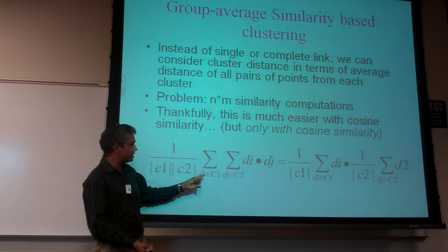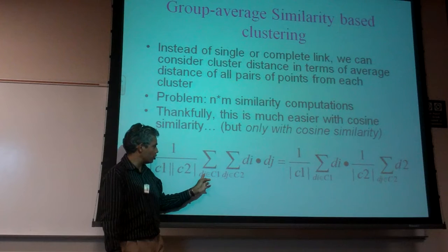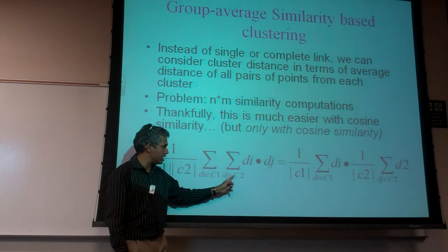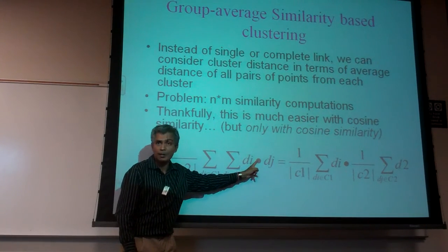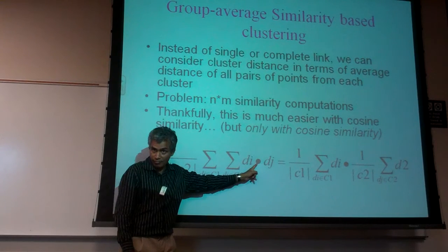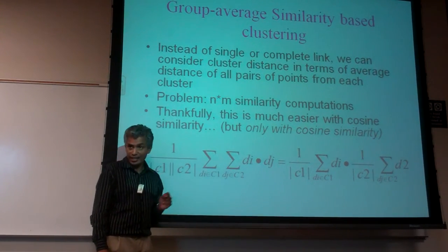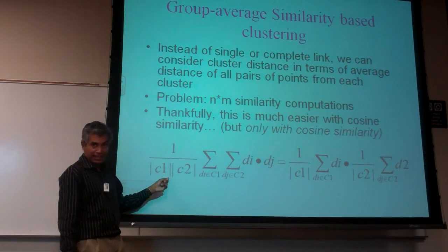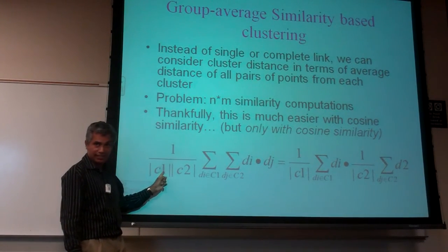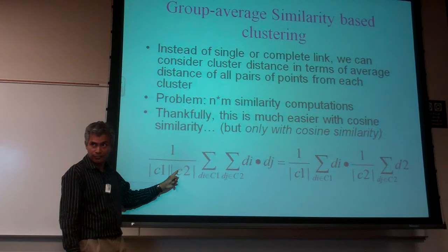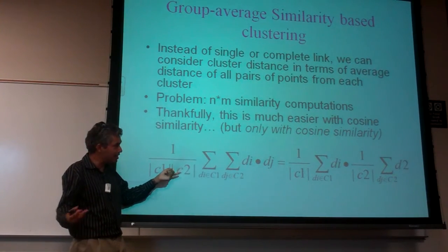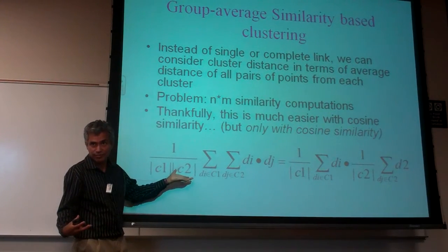So what I need is basically the document i coming from C1, document j coming from C2, I need to compute the dot product of Di Dj, right? And then I need to sum over all the pairs and divide it by the number of pairs, which is C1 size times C2 size. That's when I will get the average distance, right?